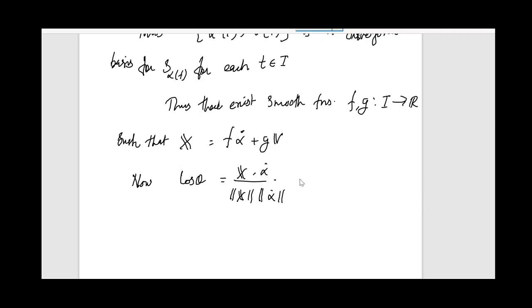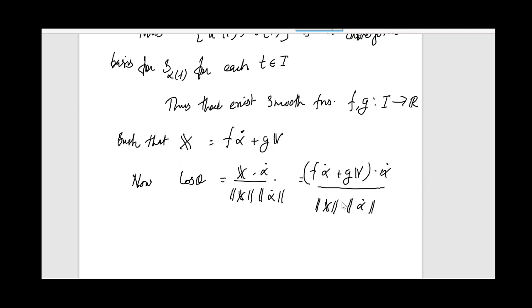I can write x as f alpha dot plus g v, taking the dot product with alpha dot, by norm of x into norm of alpha dot.